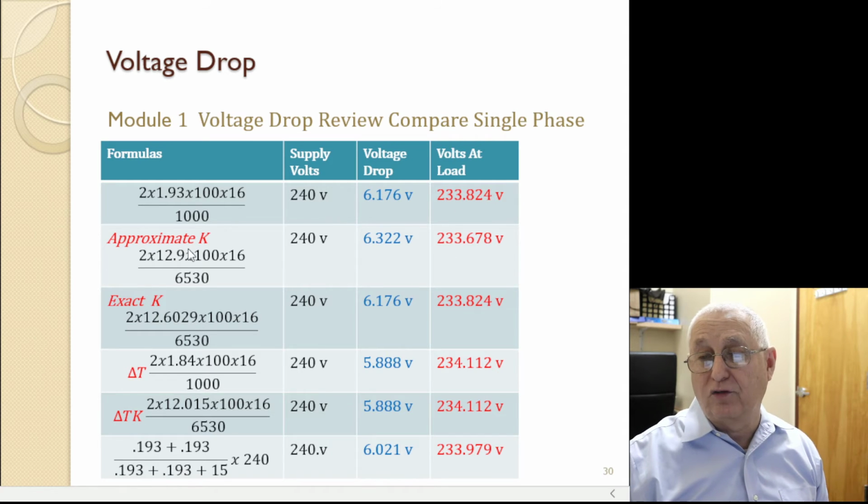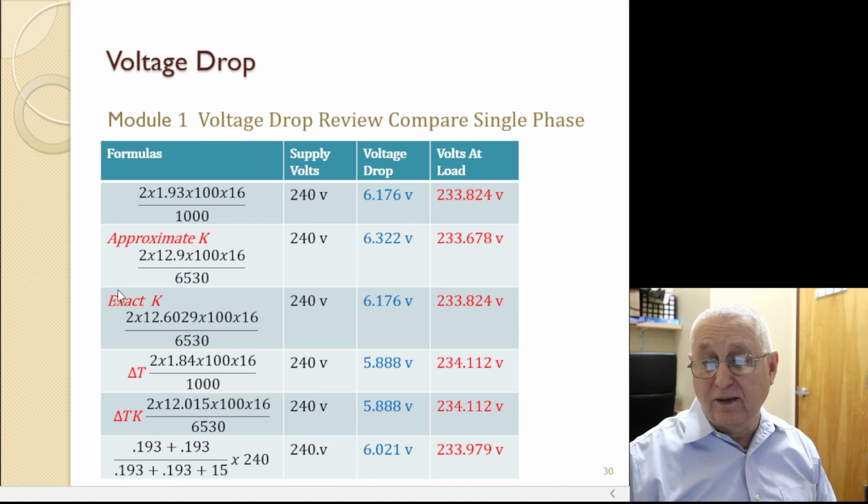In an approximate K, this is where we're using 12.9 ohms, which is an approximate K. We're using K and CMA here. We're going to get a voltage drop of 6.322 volts, and we're going to get 233.678 volts at the load.